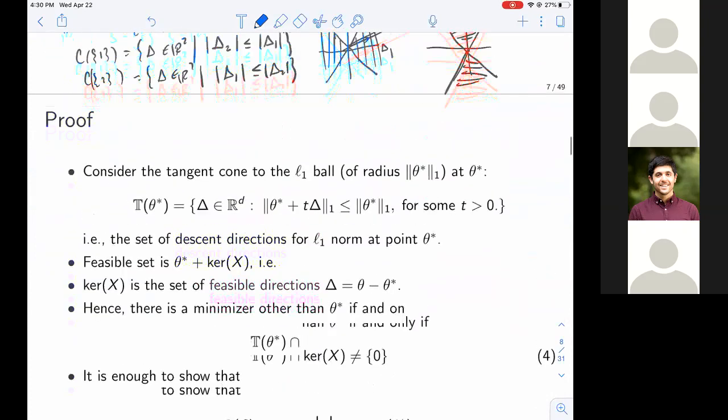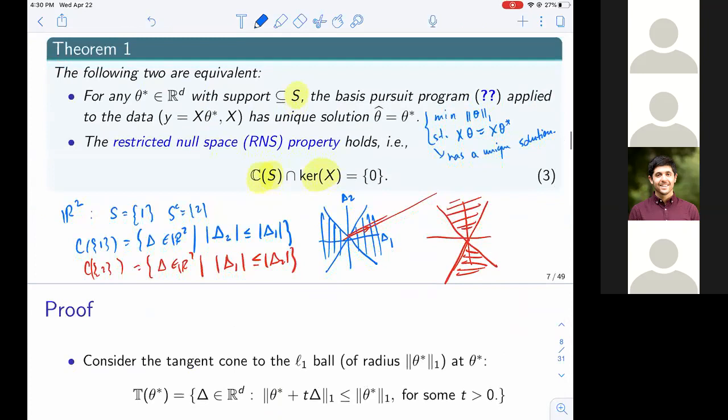Go ahead. Yes, I have one question. Are you saying that any theta such that X theta is equal to X theta star and that has minimum L1 norm has to be the same as theta star? Yes. Basically it says there's just one theta that satisfies this system and has the minimum L1 norm.